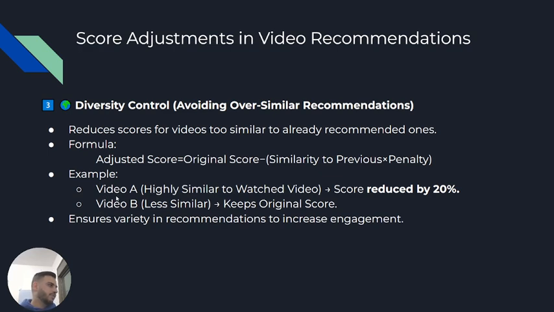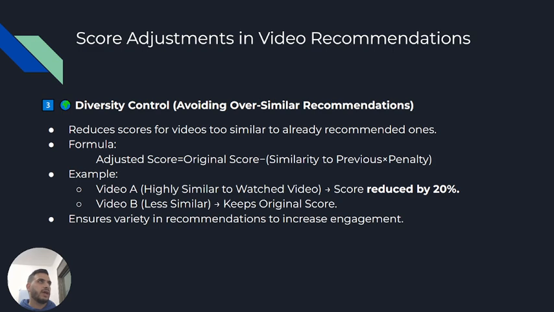So, for example, video A highly similar to the watched videos or to the previous videos, then I have to reduce it, for example, by 20%. Video B is less similar, so keep it, don't update the scores. This ensures variety in recommendations to increase engagement.